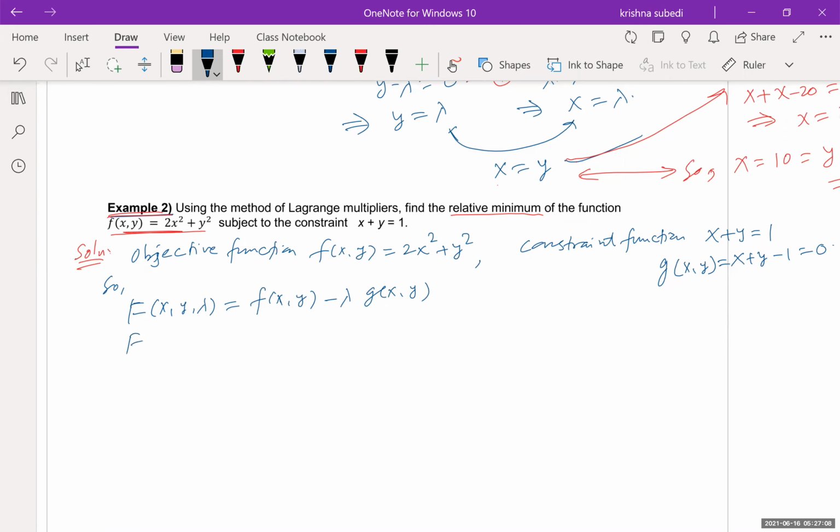So we get F of x, y, lambda equals 2x squared plus y squared minus lambda times (x plus y minus 1).